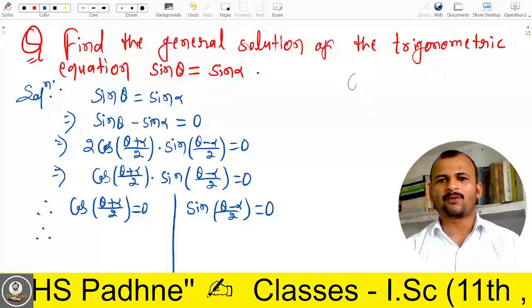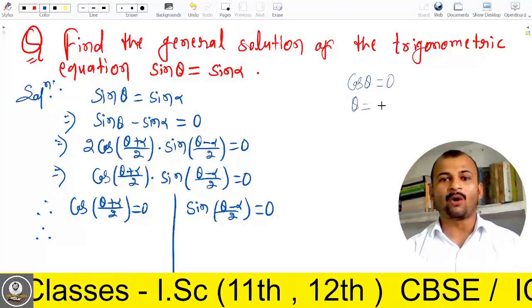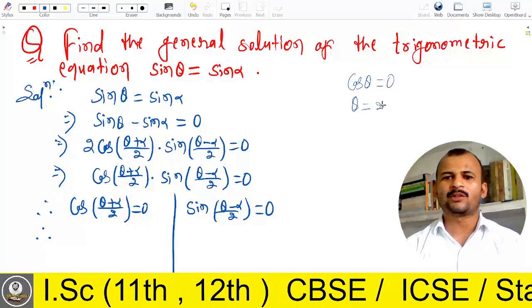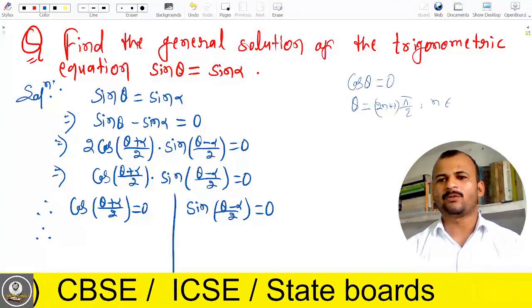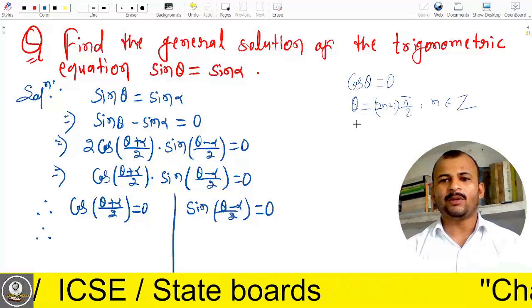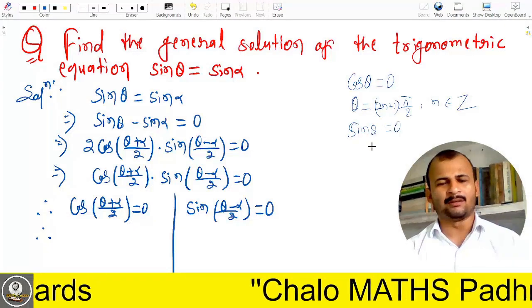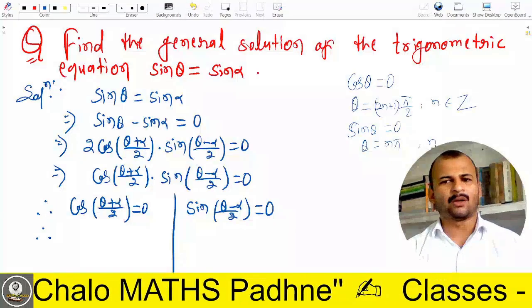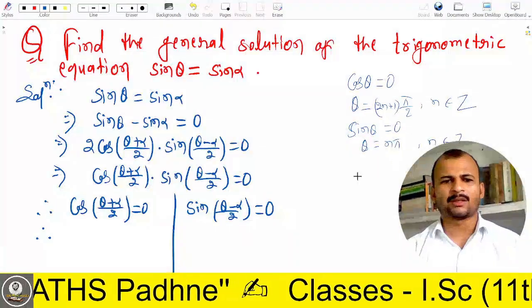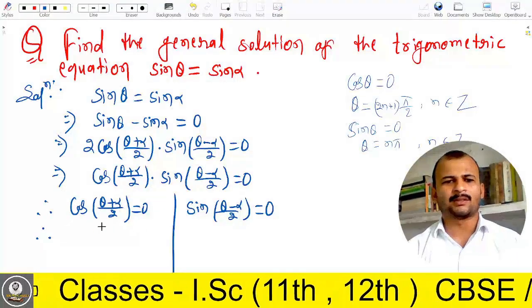We know that if cos theta equals 0, then theta equals an odd multiple of pi by 2, meaning (2n plus 1) into pi by 2, where n belongs to Z. And also if sin theta equals 0, then its general solution is theta equals n pi, where n belongs to Z. So we use these concepts here, and we can find its solution.